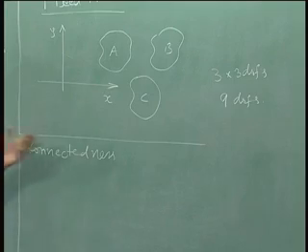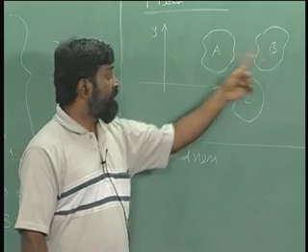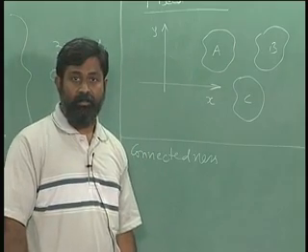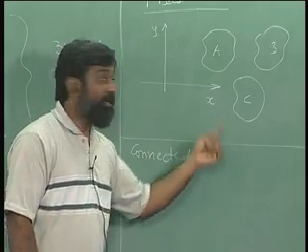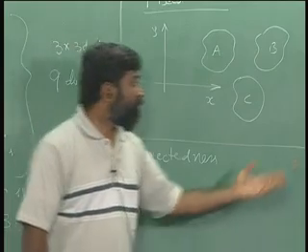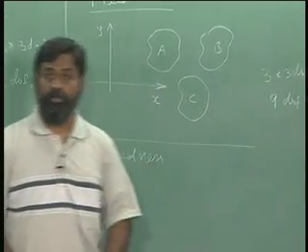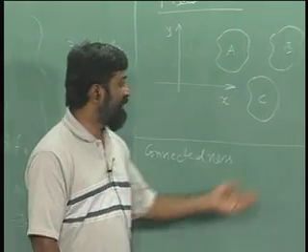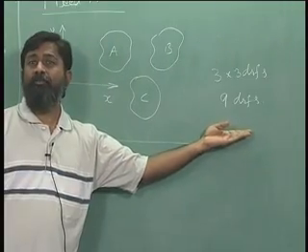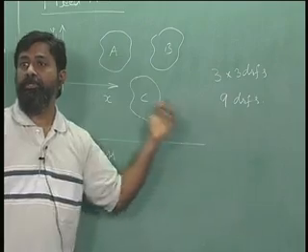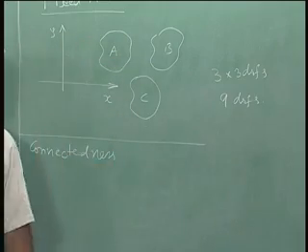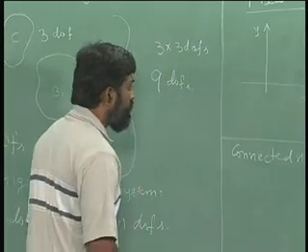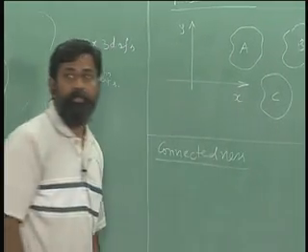Okay. So in other words, unless I say that these are completely independent bodies, if I have some connectedness that I define, the number of values that I have to use to define the motion will come down. Okay. In a sense, that way we have a maximum of 9 quantities that we have to use in order to define the motion of this system. Okay. Now let us just look at some examples here.